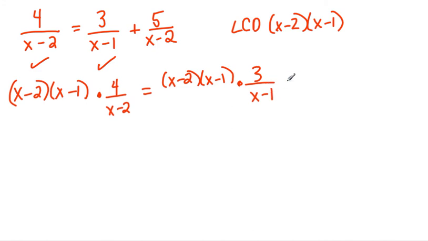X minus 2 times X minus 1 times 5 over X minus 2. What am I doing there, guys? I'm multiplying each term by the LCD, which is what we've done so far in every problem.